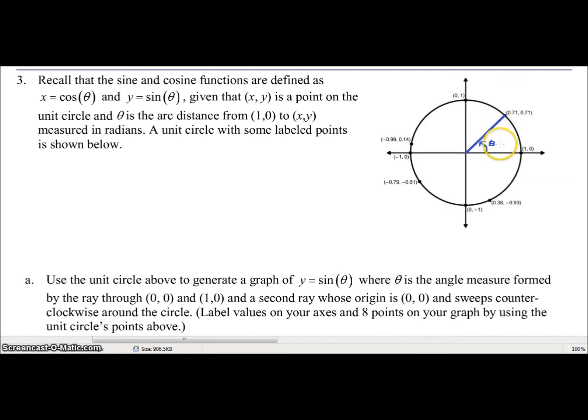And so what is theta at that point? It's saying that x is equal to cosine of theta, meaning this distance here from the center to the x value of this point is cosine of theta.